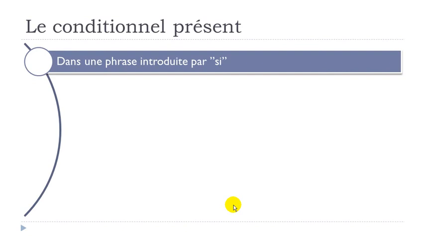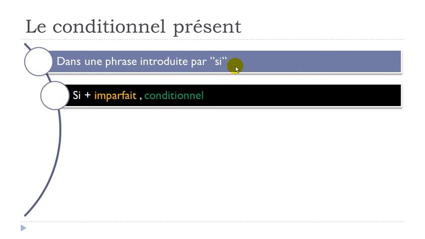Another use of this conditionnel présent is if you want to construct a sentence, like in English, for instance, with this if. Okay? So if in French is si. And then the rule is quite strict in French. If you start with si, then it should be followed by the imparfait form.